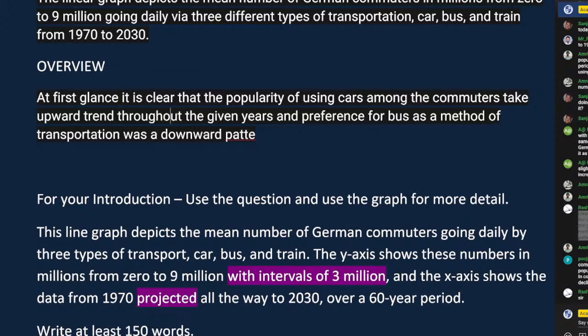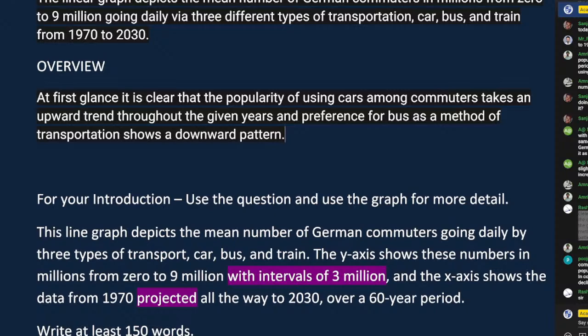So at first glance, it is clear that the popularity of using cars among commuters, you don't need the, takes an upward trend throughout the given years, and preference for bus as a method of transportation shows a downward pattern.